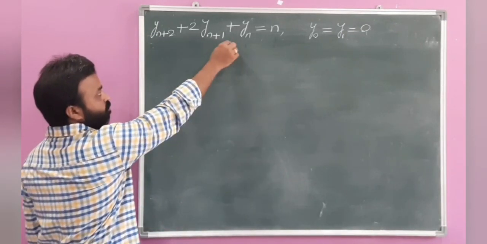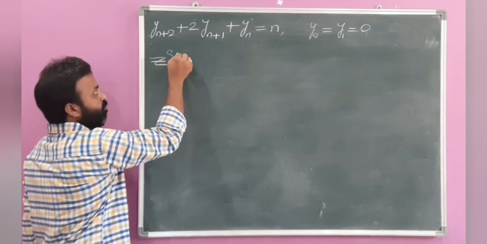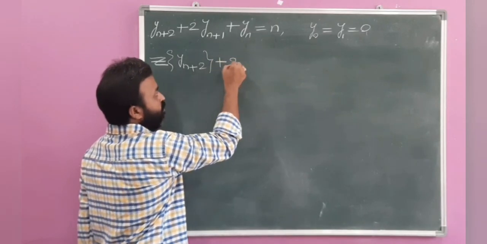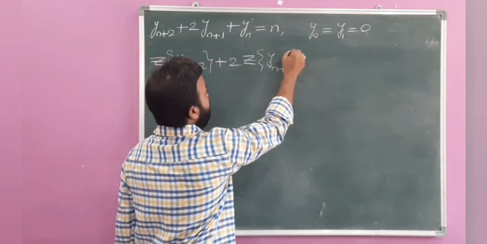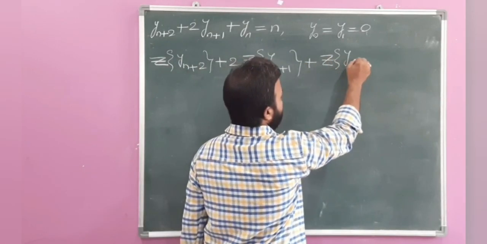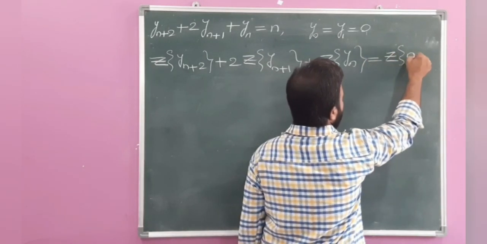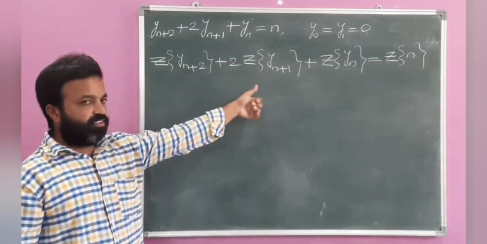We apply Z transform on both sides of this equation. Then we have Z transformation of y(n+2) plus 2 into Z transformation of y(n+1) plus Z transformation of y(n), that gives Z transformation of n. So by applying Z transform on both sides, we have this equation.